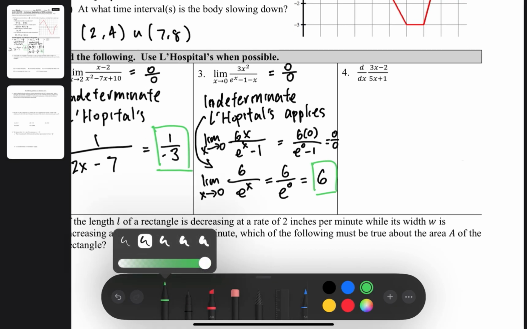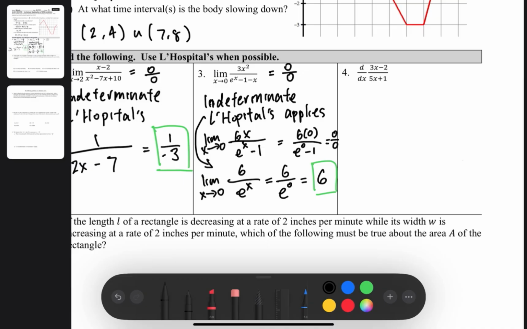Alright. On to question 4. We have the derivative of 3x minus 2 over 5x plus 1. So here we're going to use the quotient rule, and hopefully you remember that because that's Unit 2 stuff. So let's just quickly work through it.